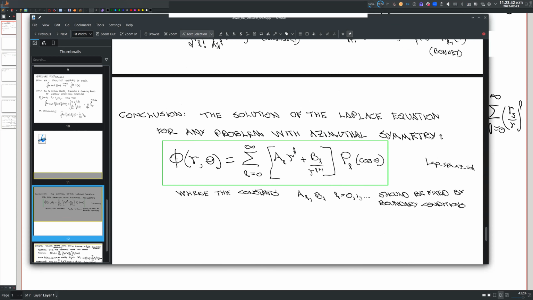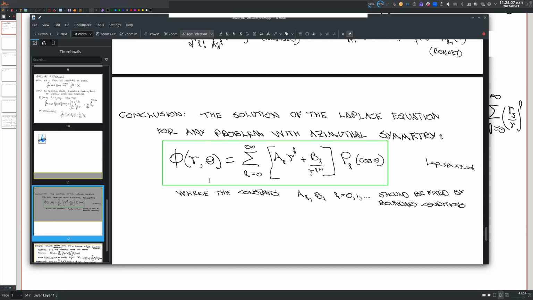The statement that we made last time is that the solution to the Laplace equation in the presence of azimuthal symmetry has to take this form here on the board. The only thing that we have not determined, of course, are the coefficients AL and BL. But the general form for the solution is going to look like this.